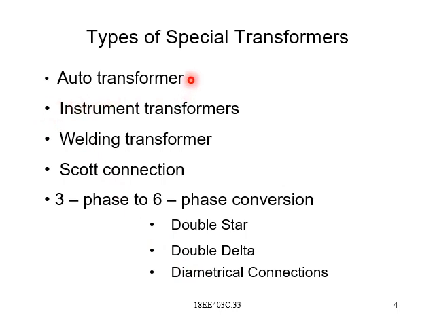One is auto transformer, the other is instrument transformers, welding transformer used for welding, Scott connection is a special type of connection like VV, and three-phase to six-phase conversion is by double star or double delta or diametrical connections.